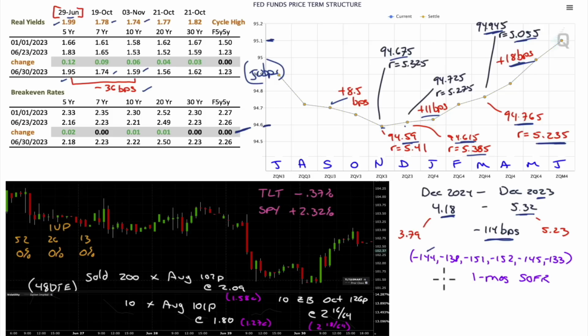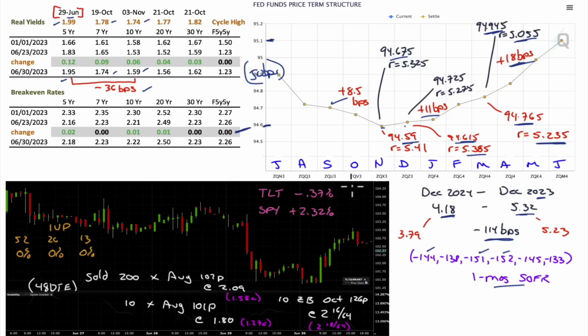Last week was 144. We were as much as in the 150s, implying six 25 basis point rate cuts. Well, now we're down to like maybe 4.5 25 basis point rate cuts. This is using 1 month SOFR.